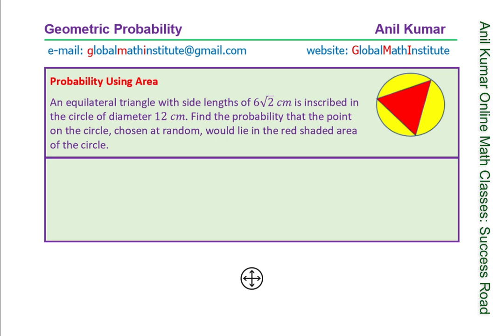Now the next question is based on an equilateral triangle inscribed within a circle. The question is: an equilateral triangle with side length of 6 square root 2 centimeters is inscribed in a circle of diameter 12 centimeters. Find the probability that a point on the circle chosen at random would lie in the red shaded area of the circle, which is the triangle.